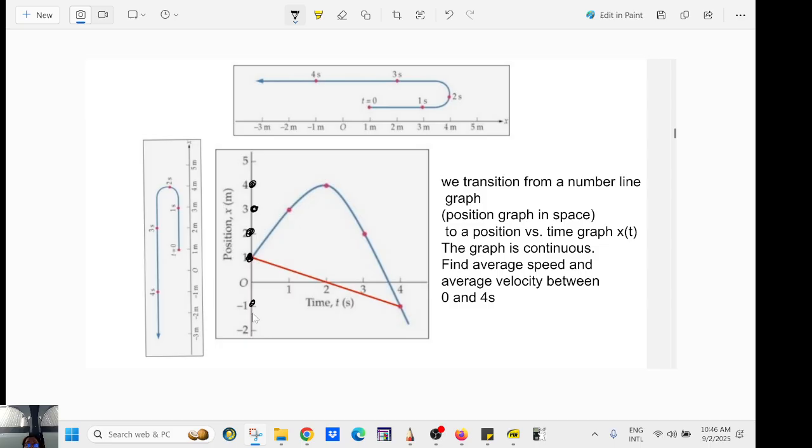So this is the position and this is the time. So let's take 2 points here. Let's take the starting point here. So that will be point A and that will be point B. So what's going to be the displacement?